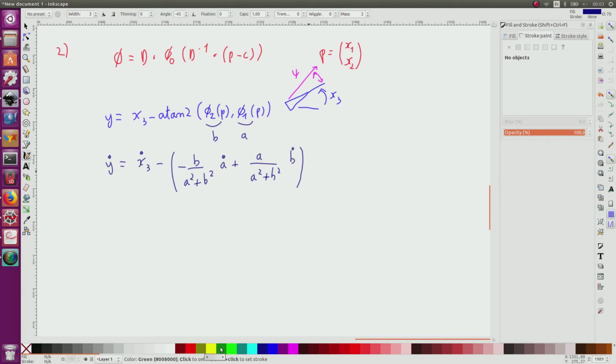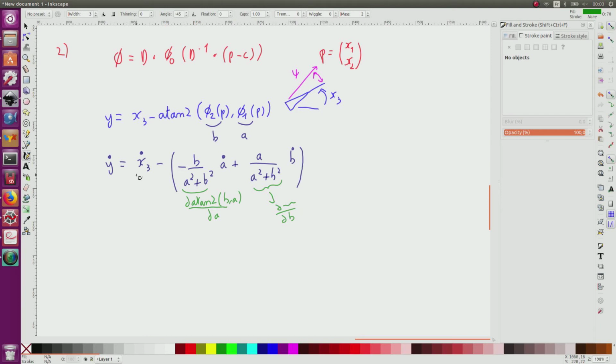So this corresponds to the partial derivative of arctan2(b, a) with respect to a, and this one the same, but with respect to b.